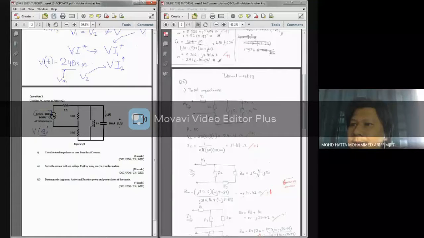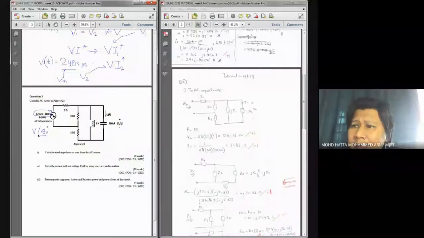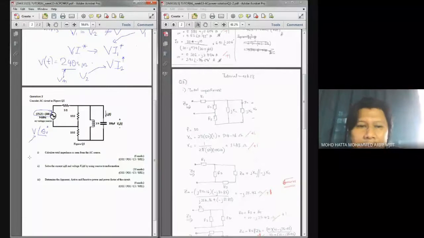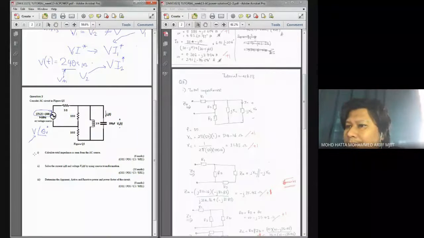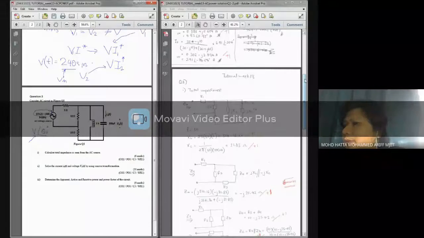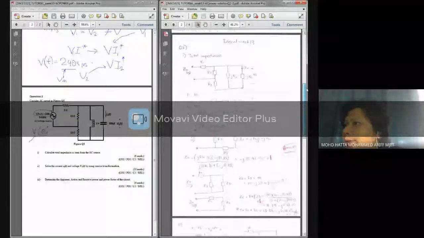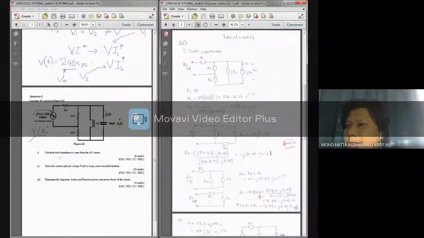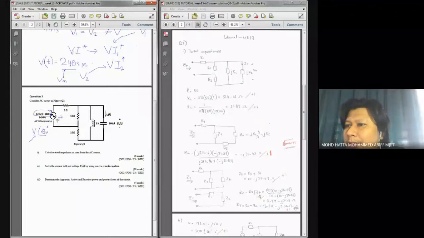And since it was not given in sinusoid form, you can consider this the conversion, and later on this value is your RMS value. Doesn't matter. All right. Now get into the question. The first one is the total impedance seen from the AC source. Basically, we try to calculate the Z total over here.